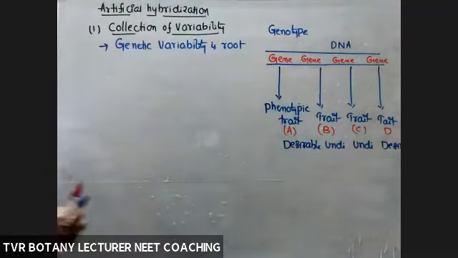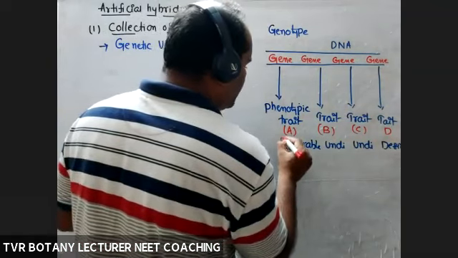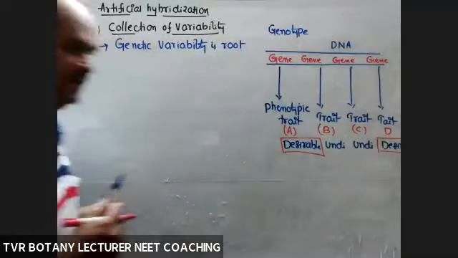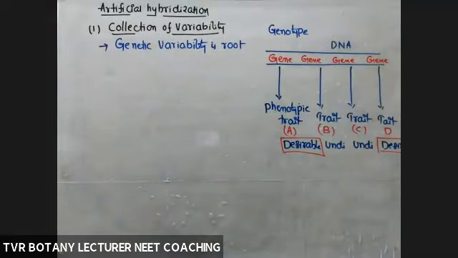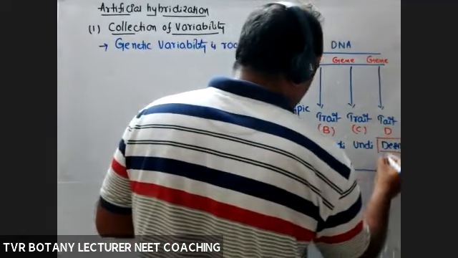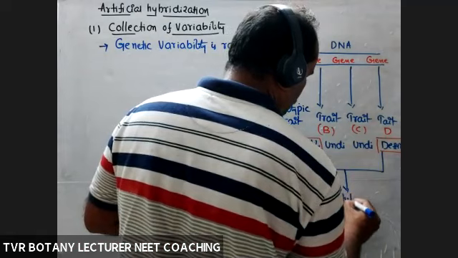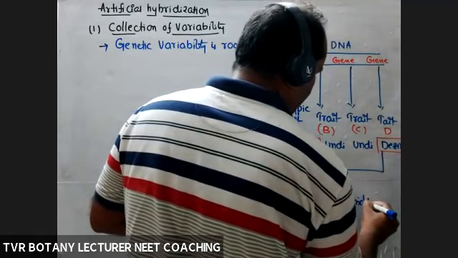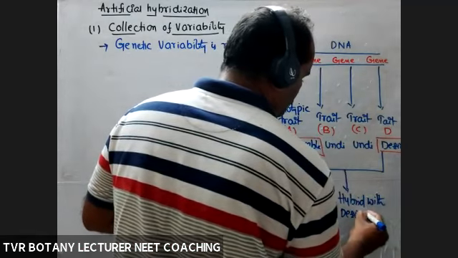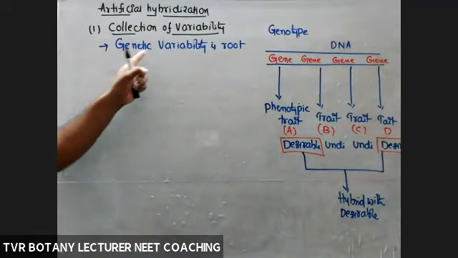Out of 4 genes, how many are desirable according to our evaluation of genetic material? Okay, only 2 are desirable. So what is our objective? We have to bring these 2 desirable characteristics into a hybrid, a hybrid with desirable characters, desirable traits. Now you got what is a genetic variability.